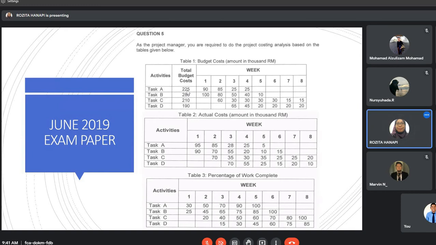And then you add them up, so the total would be, what is the answer? 815.5. So the answer is 815,500.